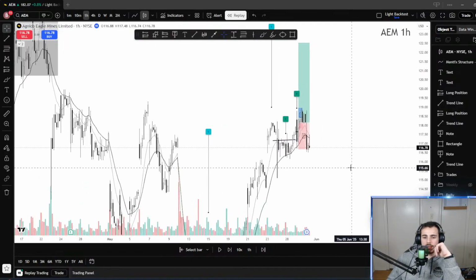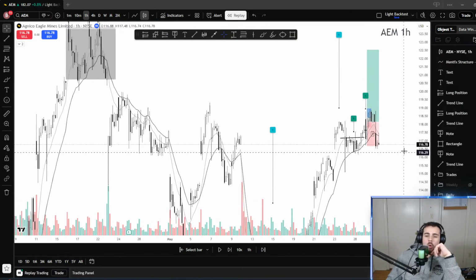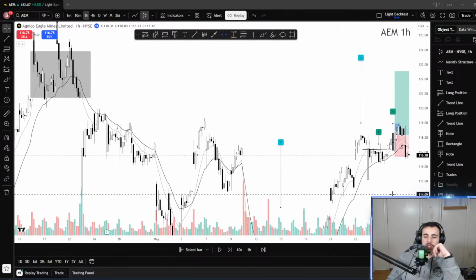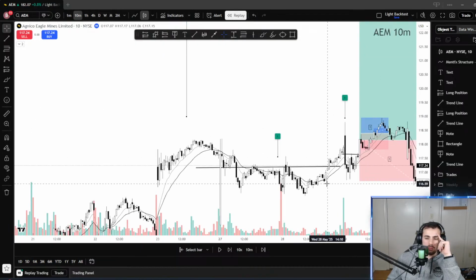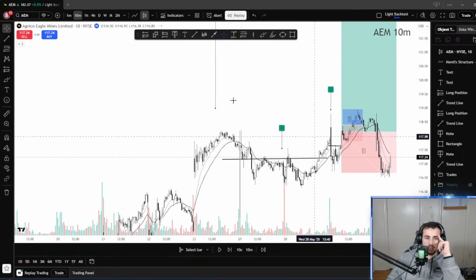Now looking back at this here, when I look at the selling of this candle, yeah, it was kind of aggressive. Even though it held MAs, it was still kind of aggressive. This could potentially be something I don't enter off of next time.